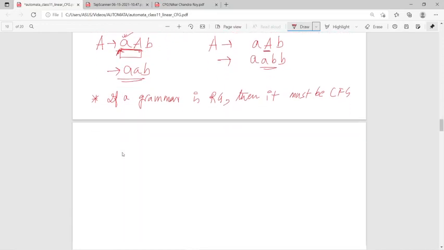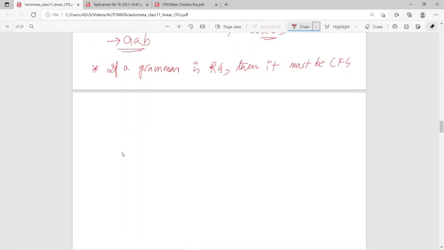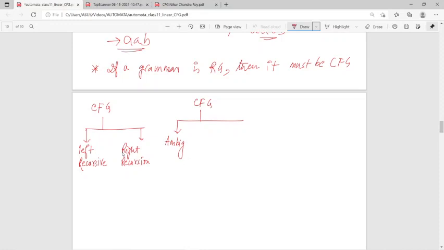If we break the CFG into different parts, it can be broken into two forms: left recursive and right recursive, which you will be introduced to when dealing with compilers. Or a CFG can be broken into two parts, ambiguous and unambiguous.